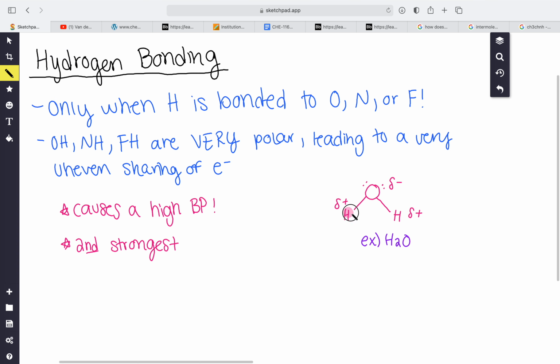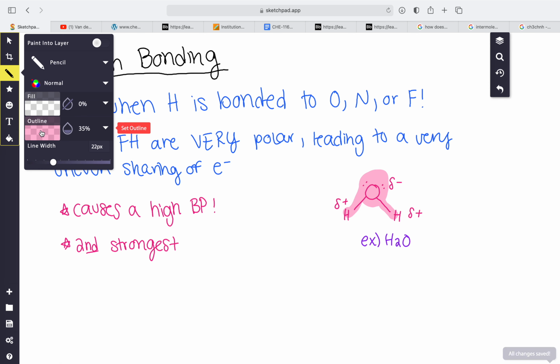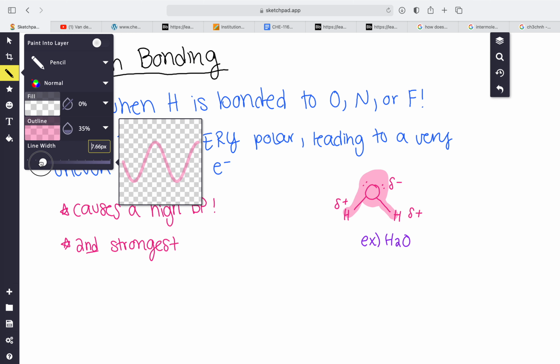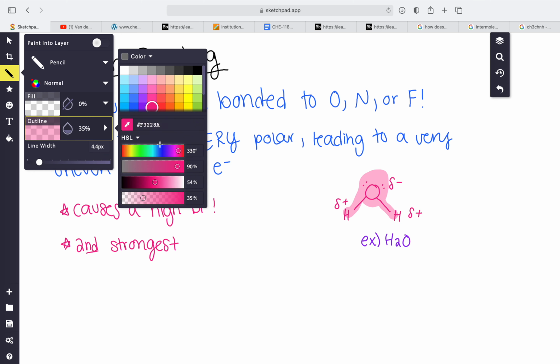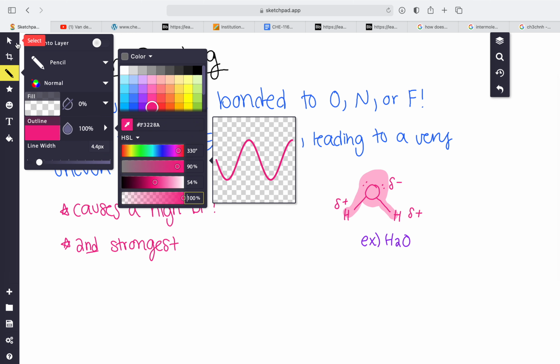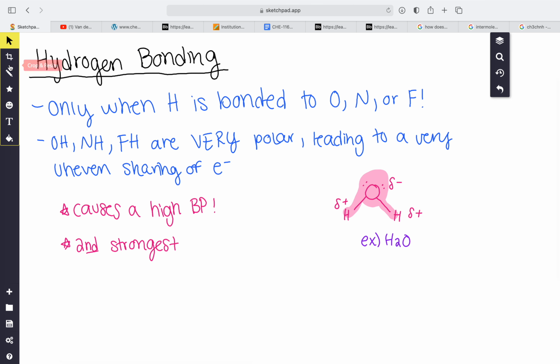So this is going to be slightly negative, and the oxygen is actually pushing all the electrons towards it because it's so negative. This is kind of what the electron cloud looks like. So very uneven sharing of electrons, and because of that, it's going to be very polar, right?